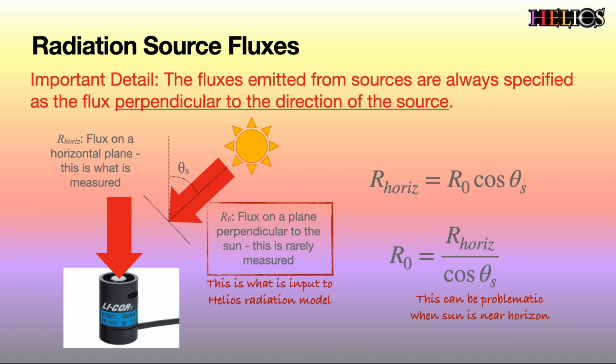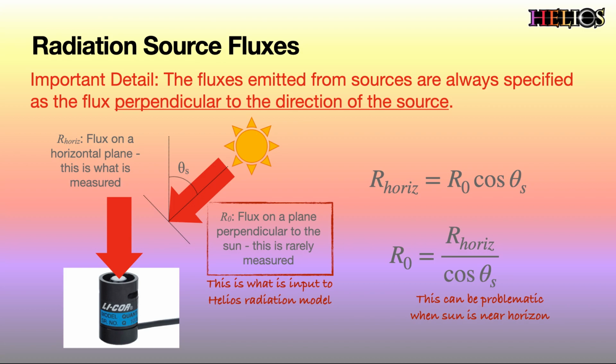So we could relate these two to each other. The problem with that is that when the sun or the source direction becomes close to horizontal, then cosine of theta s goes to 0, which means that R0 blows up to infinity. So when the sun is near the horizon, for example, using this relationship becomes a bit problematic.